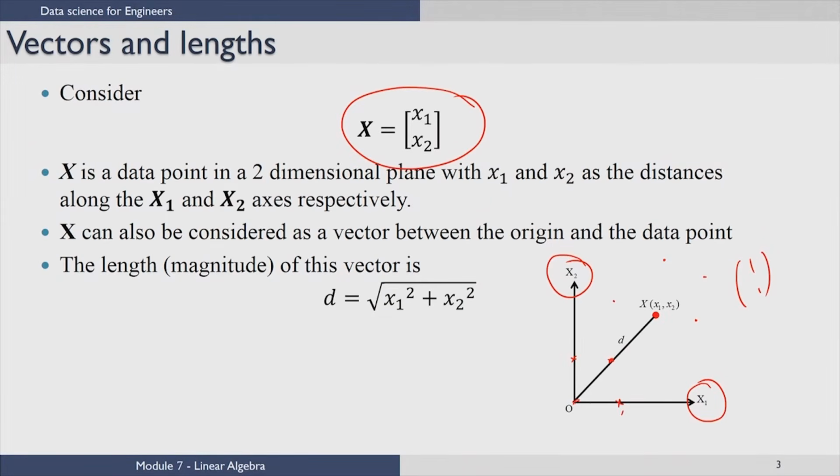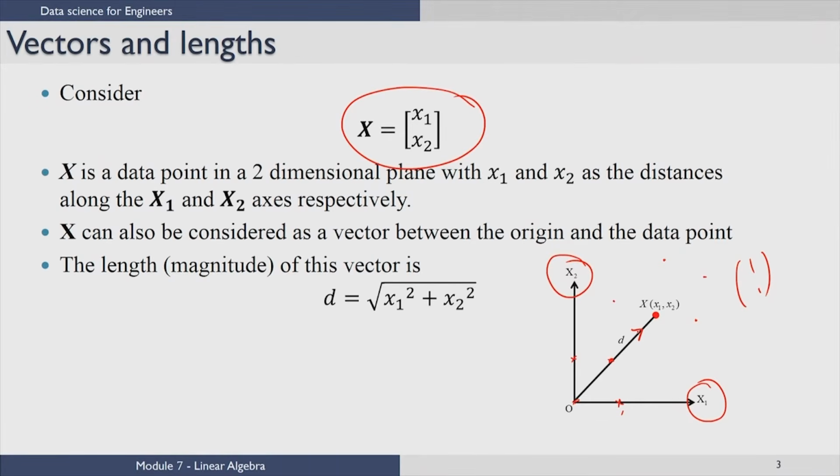So, this is another view of the same vector x, and once we think of this as a vector, then a vector has both direction and magnitude. So, in this case the direction is this and the magnitude is what we think of as a distance from the origin, and in this case we all know this well known formula for Euclidean distance, which is root of x1 squared plus x2 squared, right.